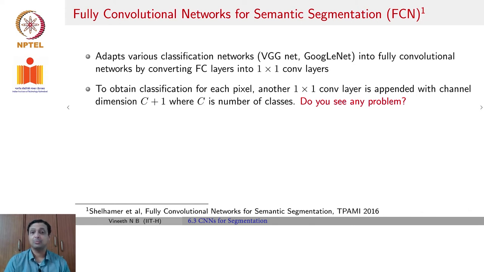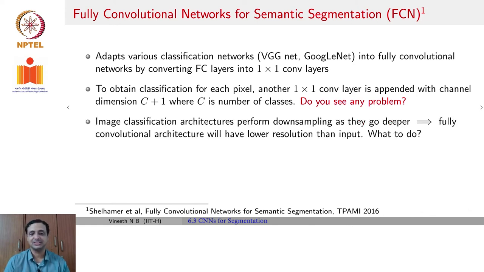There is a problem when you use convolutional layers, which is that all standard CNNs keep downsampling as you go further down the layers, be it through convolution or through pooling, which means your output feature maps are not going to be the same size as your input. But we finally want to give a pixel level label at the input image's resolution.